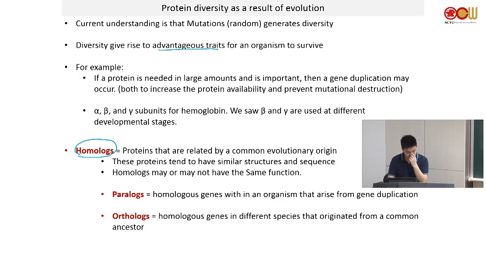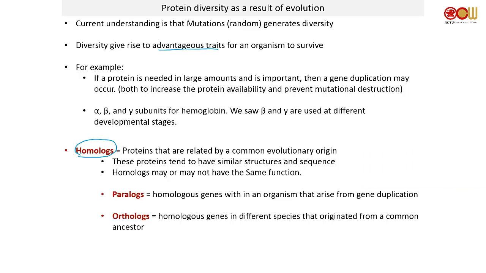Ortholog, on the other hand, are homologous genes in different species that originated from a common ancestor. For example, you and monkeys have similar genes, right? But you are not the same organism. You're two different organisms, but you share similar proteins. Those proteins are often referred to as orthologs because they evolved from a common ancestor.